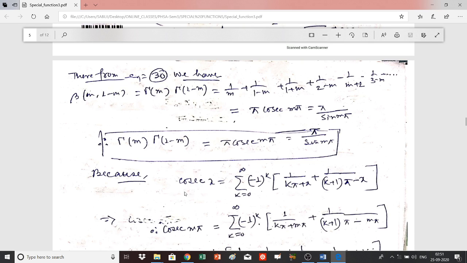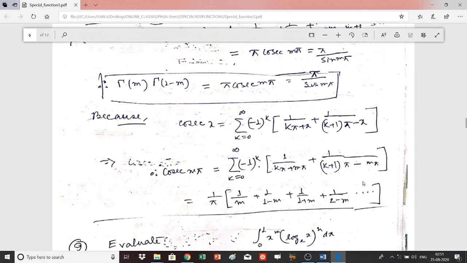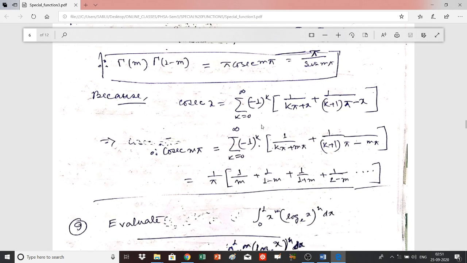That is done here. Cosec x, right? The series of cosec x is the sum from k = 0 to infinity of (-1)^k, 1 by (k pi + x) plus 1 by ((k+1) pi - x). Now just use different values of k starting from 0 to some higher values in this expression.